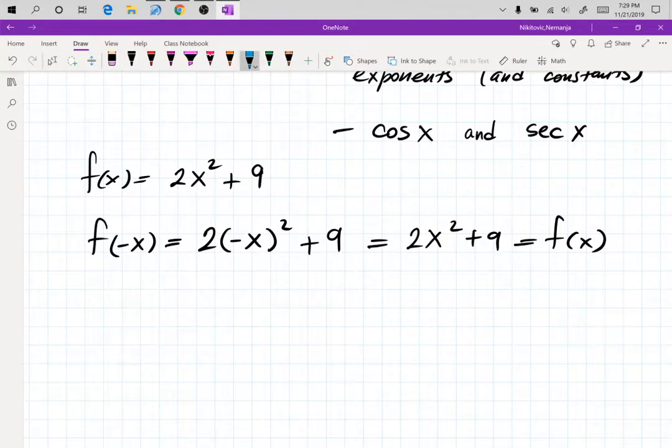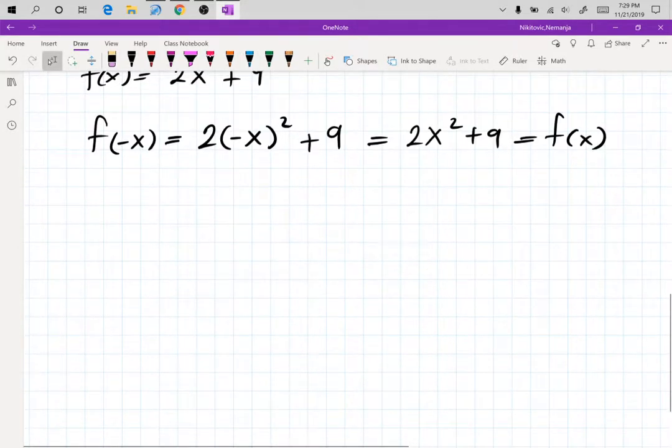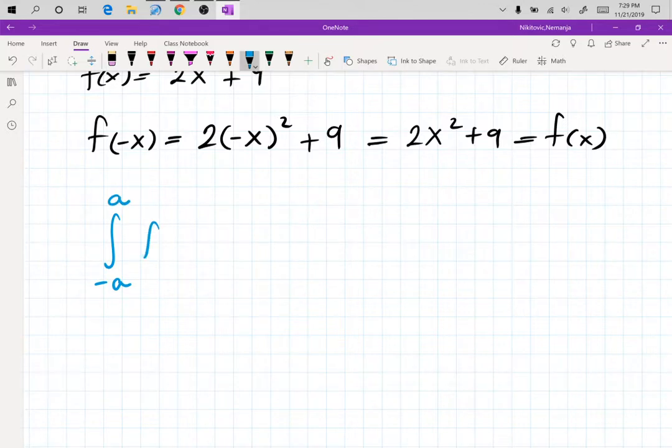These are not major results, so I'm just going to keep it blue. So now we have the integral from negative a to a of f of x dx equals 0, and now in blue, odd.